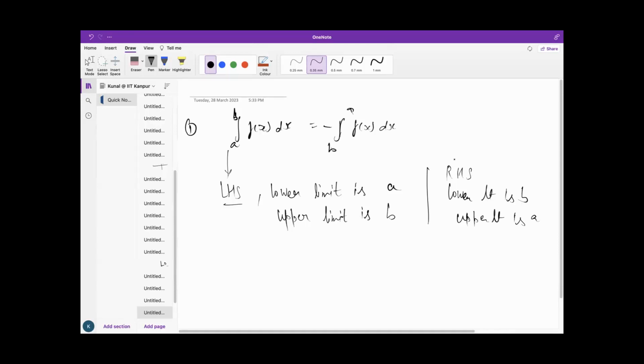So basically, let us suppose the integration of fx, or we can write fx is equal to f dash of x, or we can write the integration of fx dx is Fx. Okay, so when we substitute the limit, we are actually going from LHS.